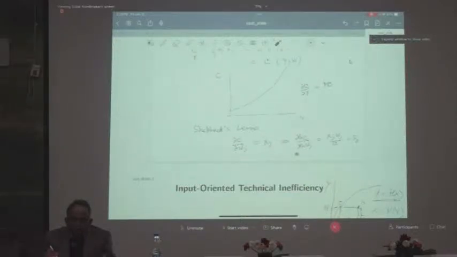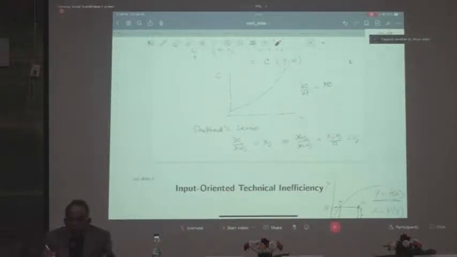Therefore, instead of looking at the derivative, if you take a log derivative, what is this going to be? It is 1 over c, del c del wj, multiplied by wj. So you will be getting wj xj divided by c. This is the regular derivative, and this is the log derivative.